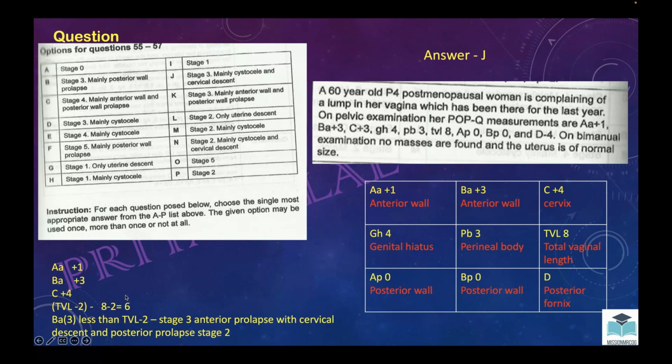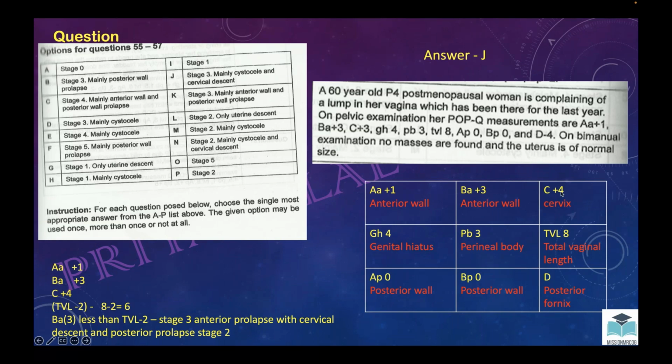The BA point given here is 3, so as it is less than TVL minus 2, it is stage 3 anterior wall prolapse. So this denotes stage 3 anterior wall prolapse, stage 0 posterior wall prolapse, and cervical descent, or you can say cervical elongation.